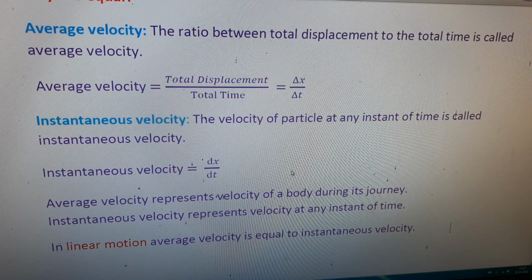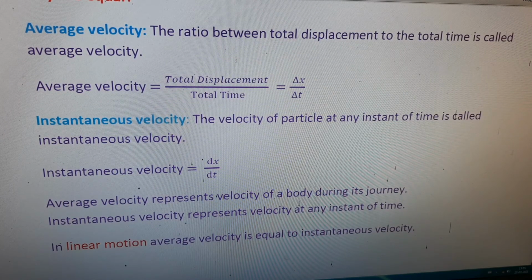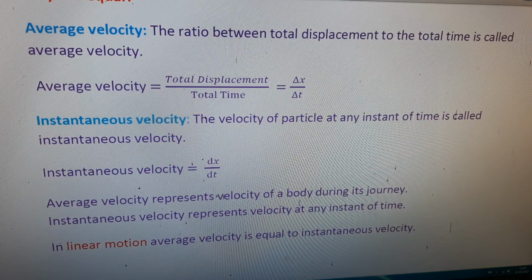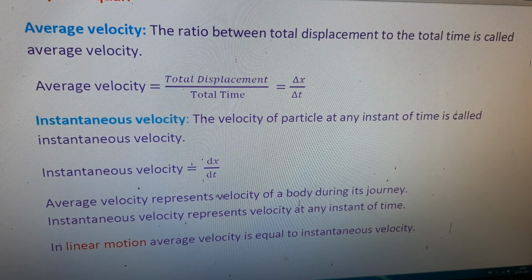And we can write more points about average velocity and instantaneous velocity. Average velocity represents the velocity of a body during its journey, but instantaneous velocity represents the velocity at any instant of time. And next, when are they equal, meaning average velocity is equal to instantaneous velocity? In linear motion, average velocity is equal to instantaneous velocity.